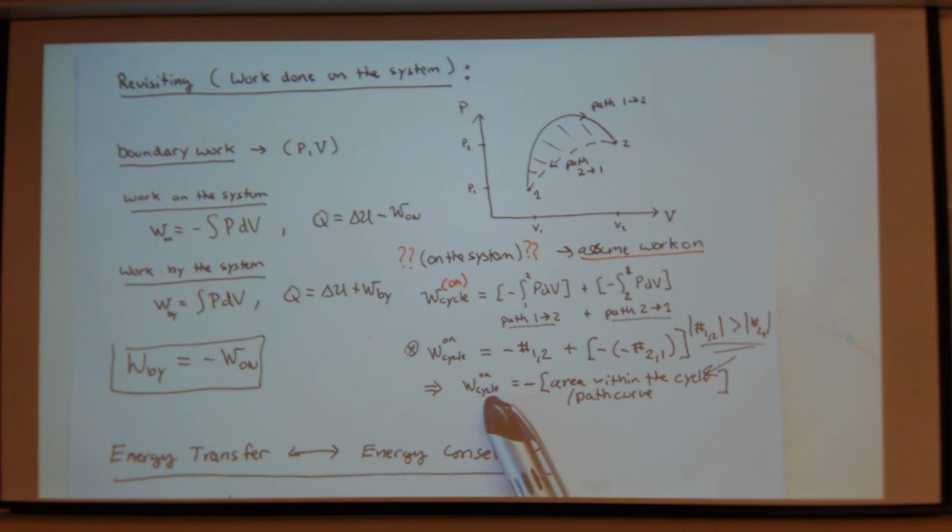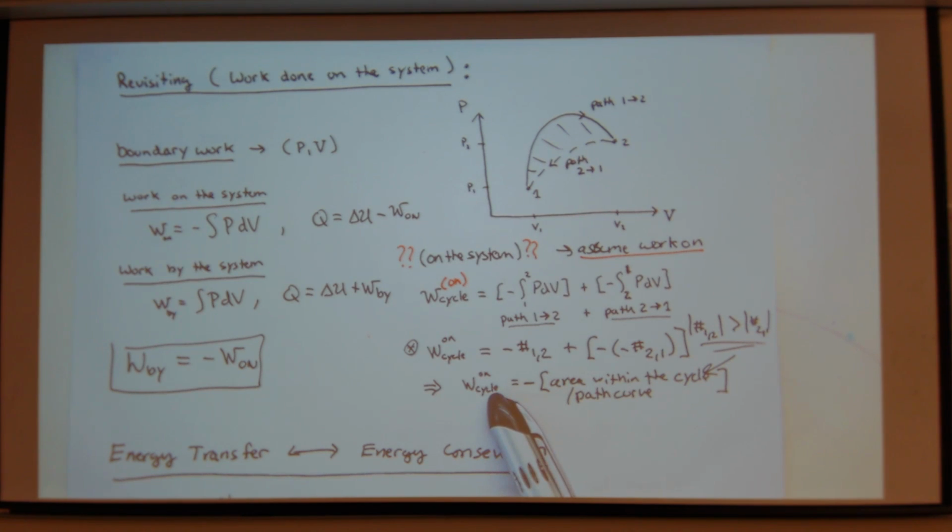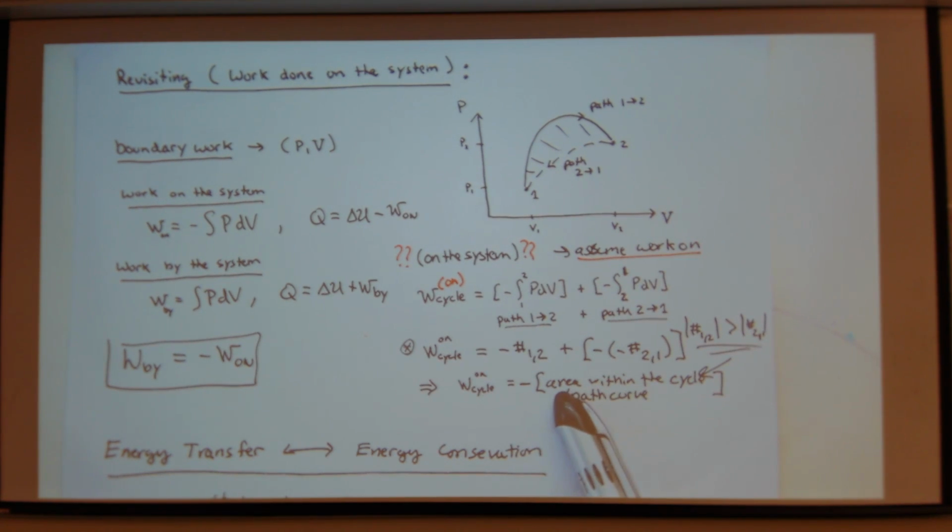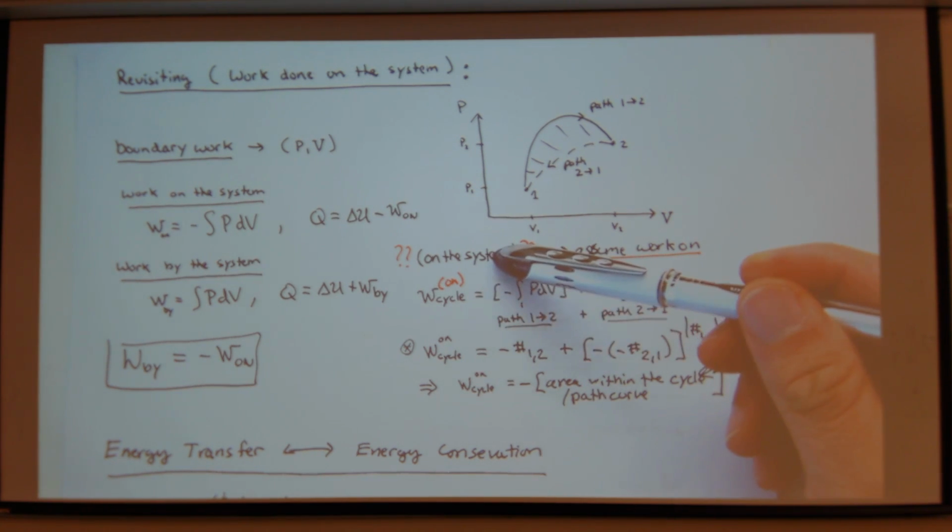So we got a negative number, right? We assumed it was work on, and we ended up getting a negative value. So that means that it was actually work by. We guessed wrong.